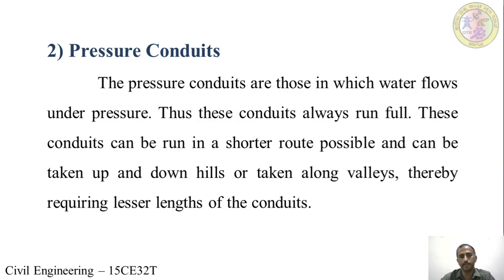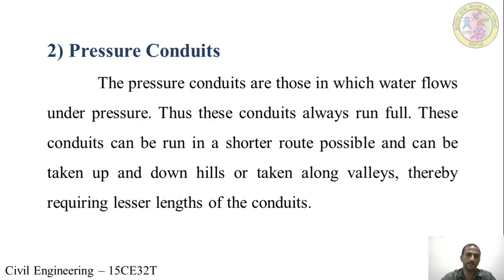Wherever the intake is at lower elevation and the treatment plant is at higher elevation, we have to construct pressure conduits. But if the intake is at higher elevation and the treatment plant is at lower elevation, we can go for gravity conduits.